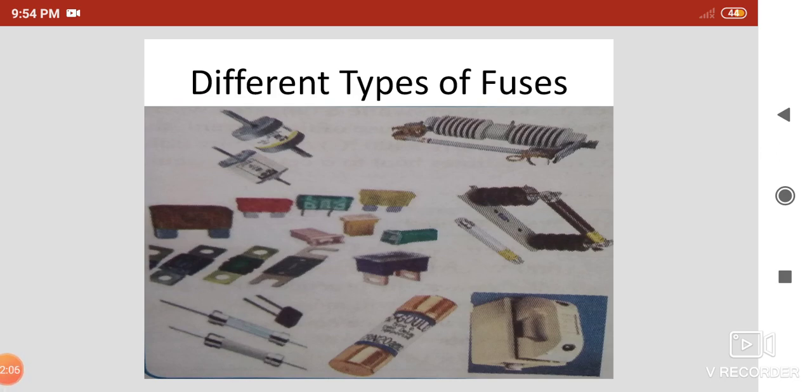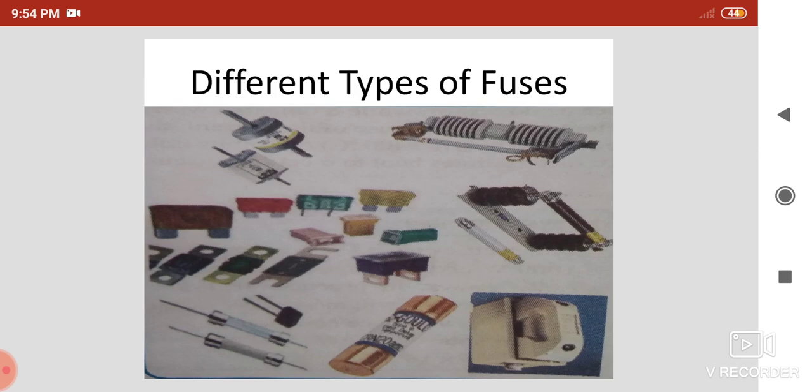There are different types of fuse in use. You can see in the figure that different types of fuses are used in different appliances. The body of the fuse is made up of porcelain or ceramic material.